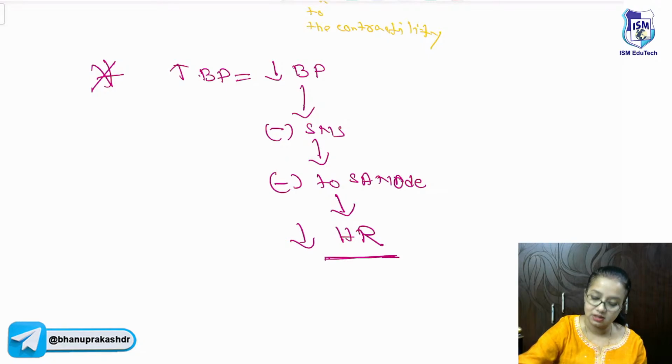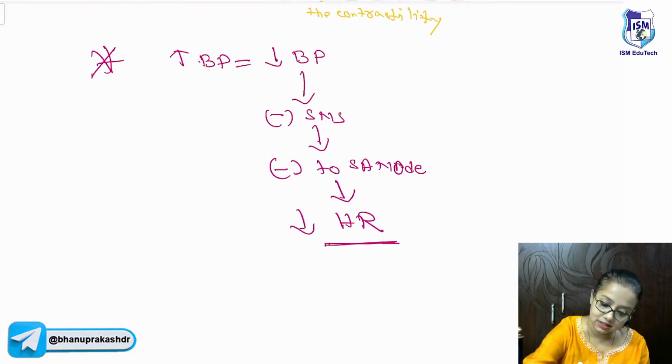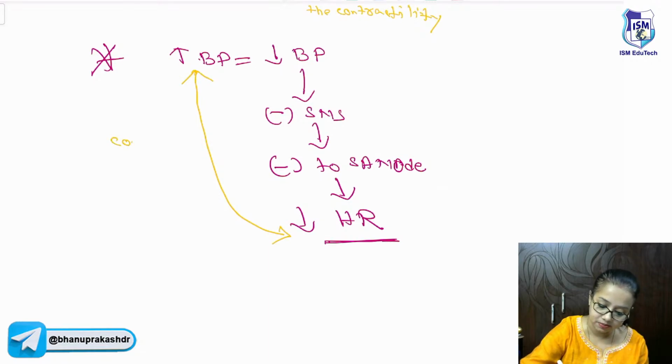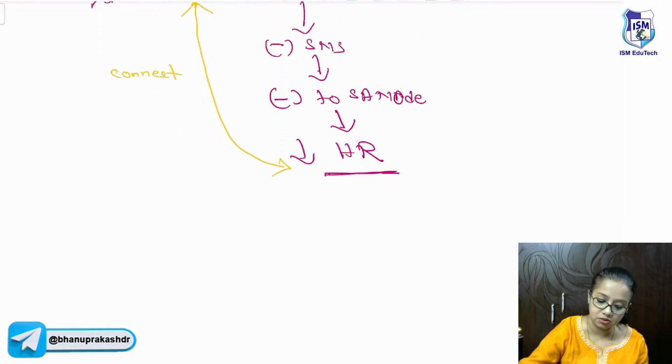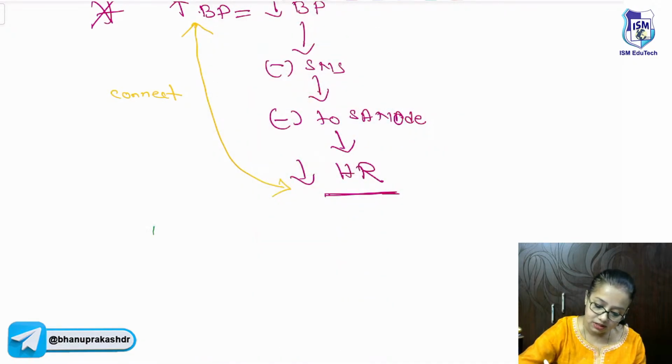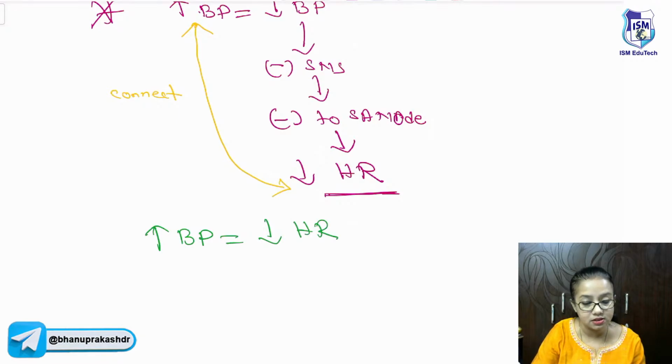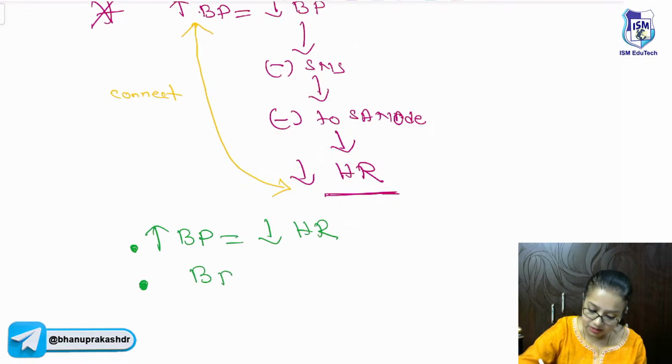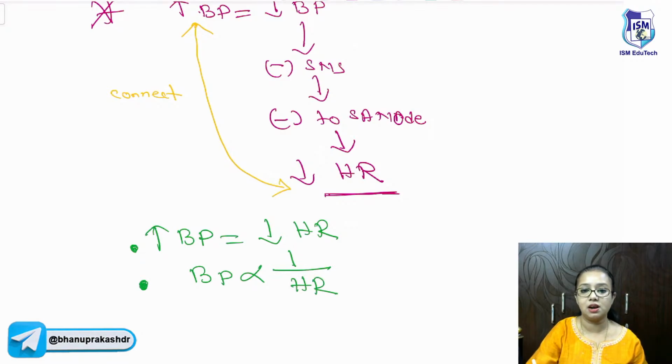So, if we connect this point to this point, what does it stand out to be? Increase in blood pressure decreases heart rate, or we can also write that blood pressure is inversely related to the heart rate.